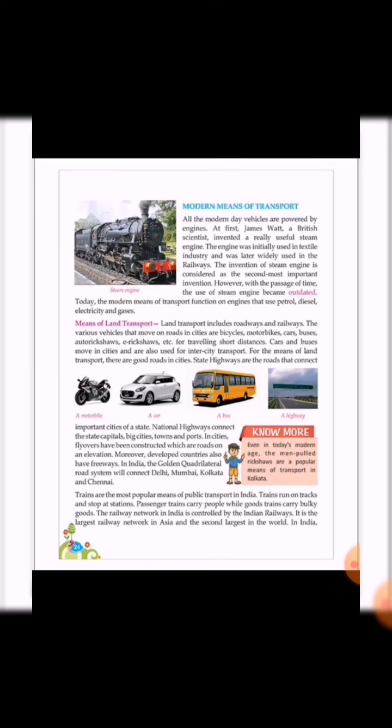In the 18th century, James Watt designed an efficient steam engine which was first used in industries, later in the railways. However, as the time passed, steam engine became old fashioned and old designed. Today, engines in the vehicles function using the resources like petrol, diesel, electricity and gases.